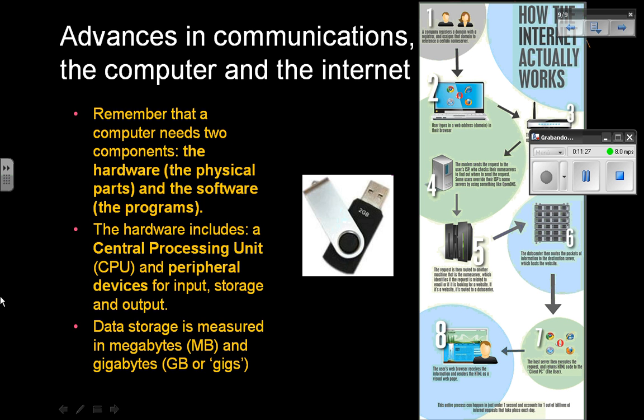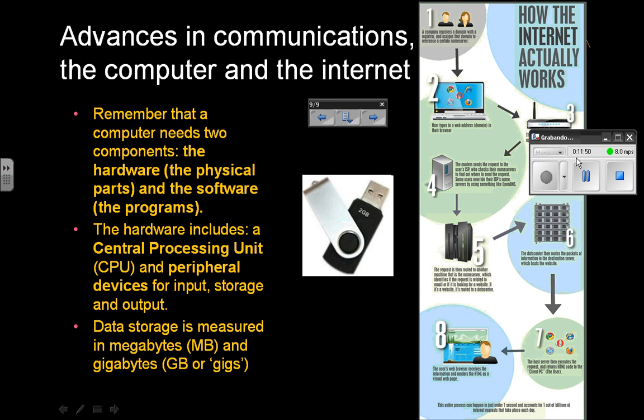Also remember that different data devices store things, and that storage of data is measured in megabytes and gigabytes. You'll see megabytes abbreviated as MB and gigabytes as GB. You also might hear people say gigs instead of gigabytes.